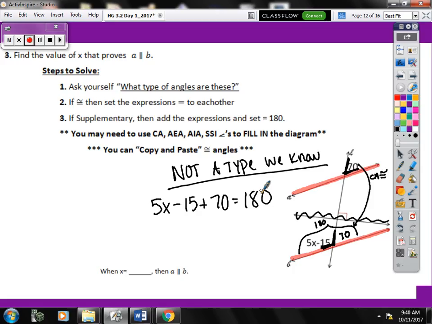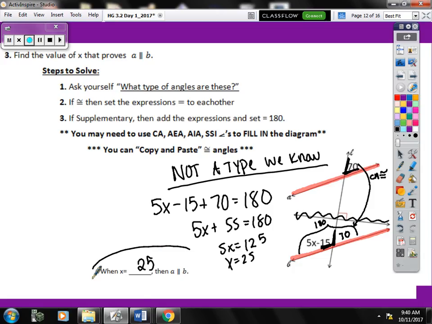And you solve for x. So I get x equals 25.